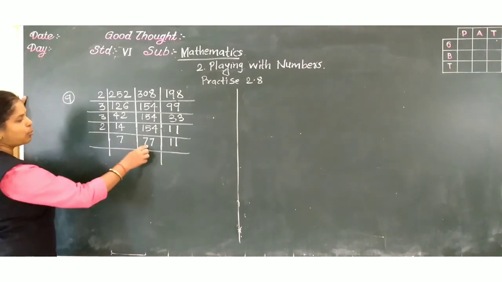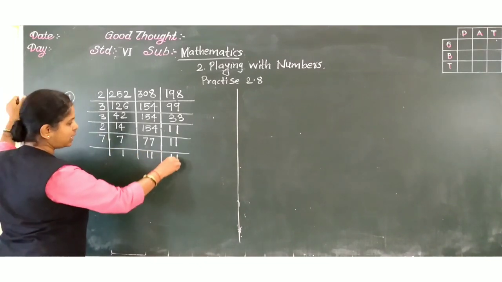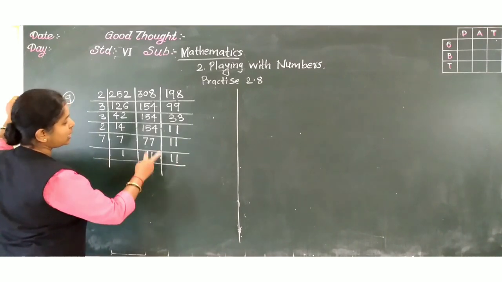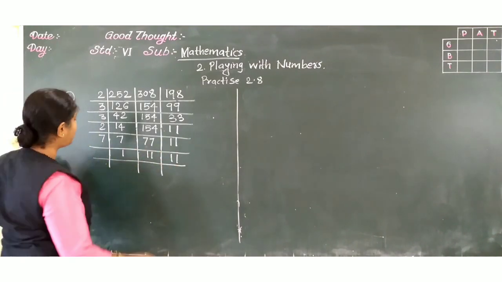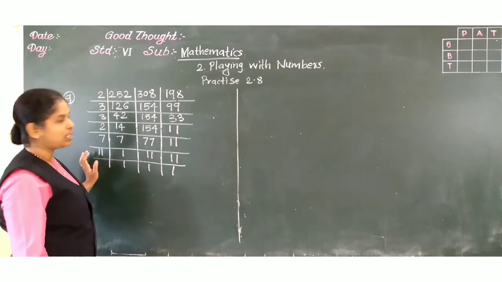Now see, both these numbers are divisible by 7. So 7 1s are 7, 7 11s are 77 and 11. Now here see 11 2 times, that means both these 11 we can divide by 11. Got it?